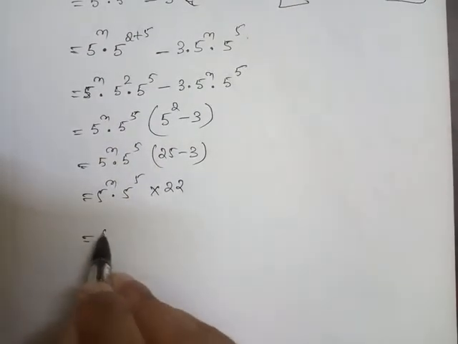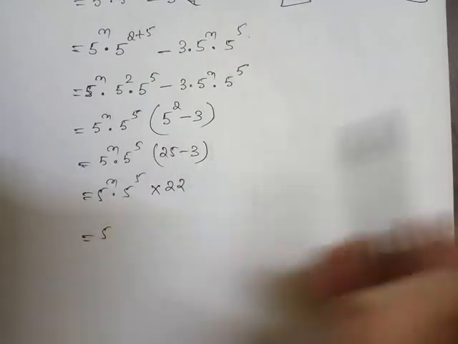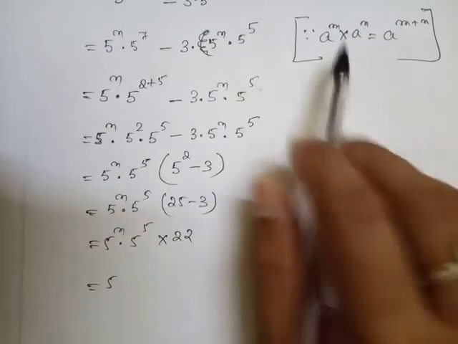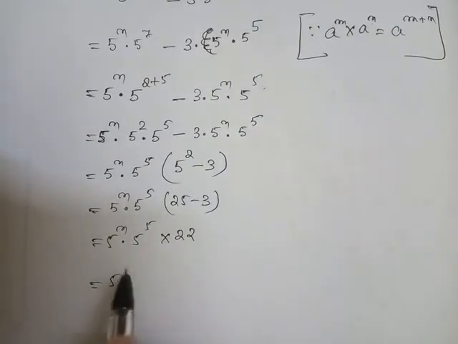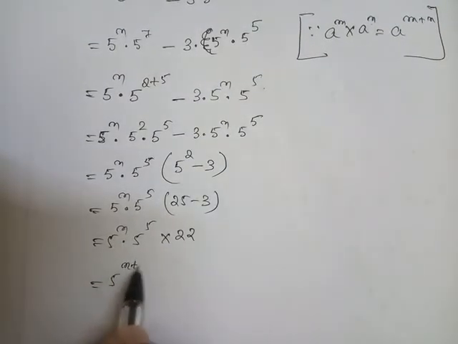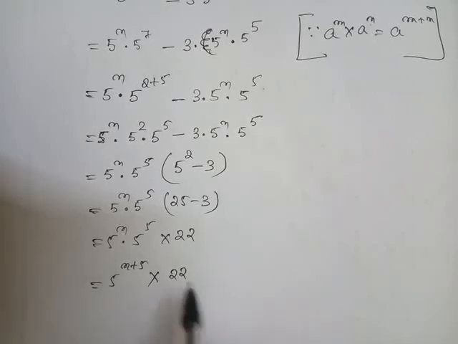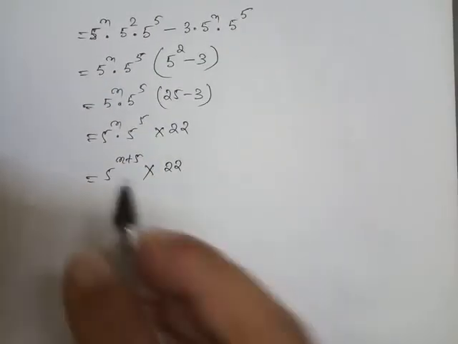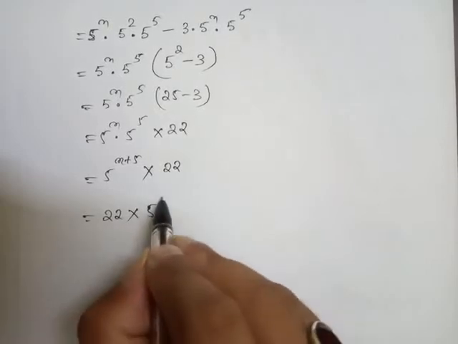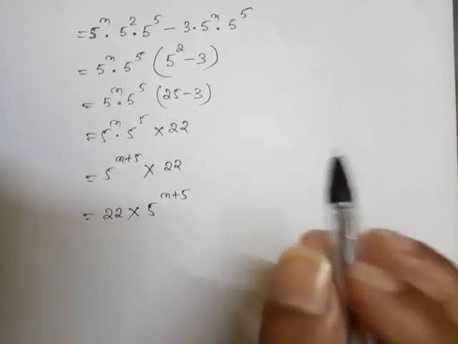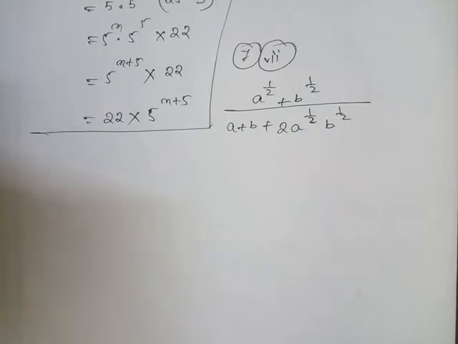Now in the last line, using the formula a to the power m into a to the power n equals a to the power m plus n, the 5 bases are the same, so n plus 5, into 22, or we'll just interchange this: 22 into 5 to the power n plus 5. This is the answer.